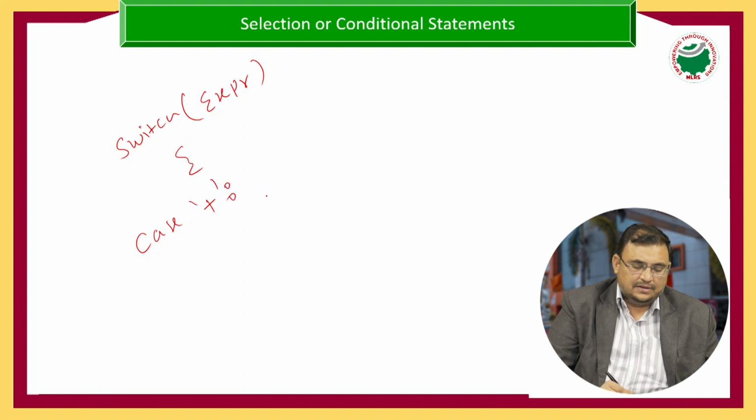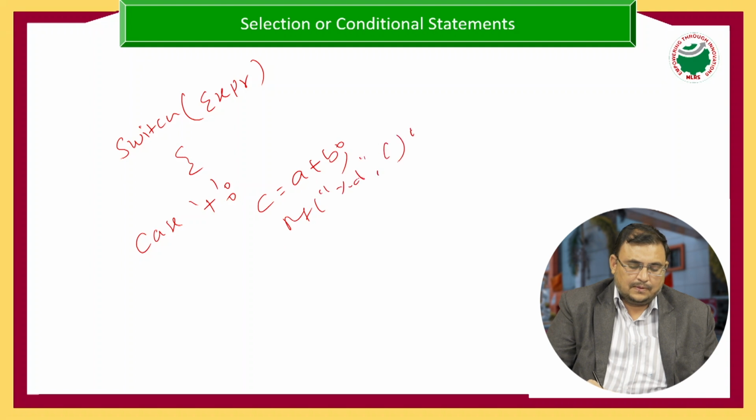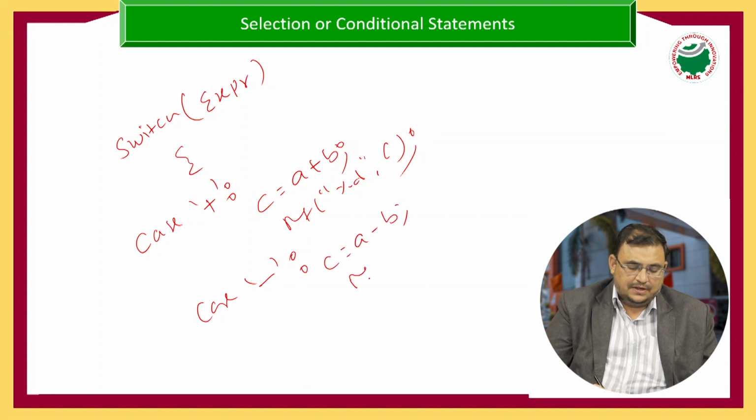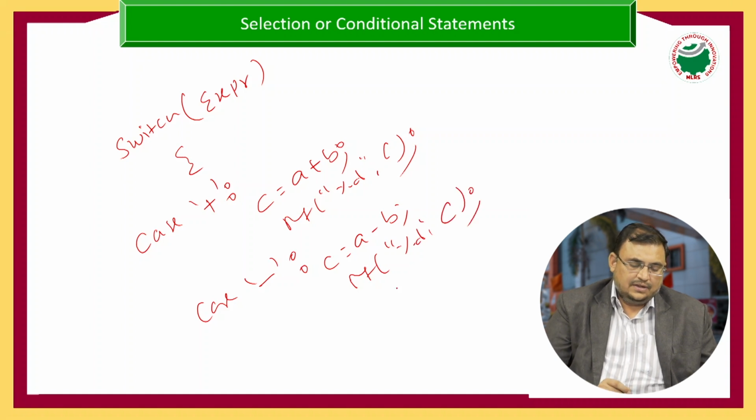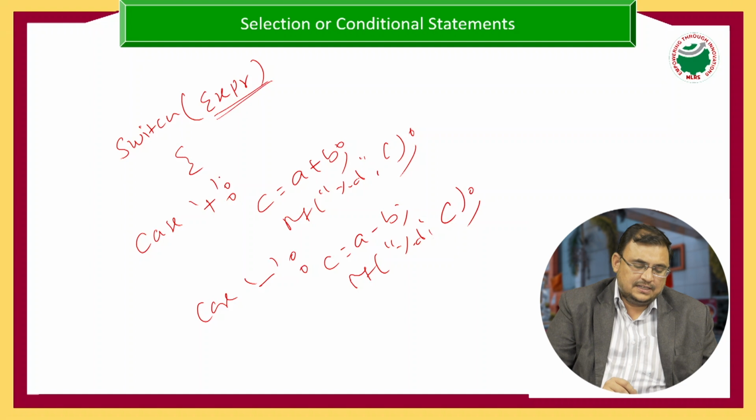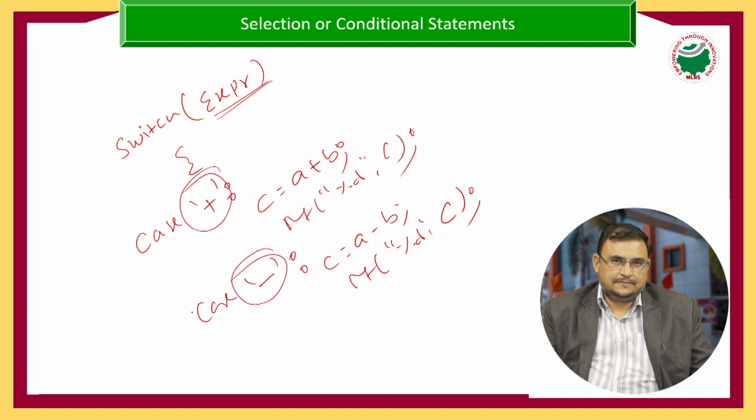You are performing something like C is A plus B, and you can print that C. Case minus, you can perform C is A minus B and printf percentage d C. Here you are using the expression as a character. That's why you are writing character constants here.